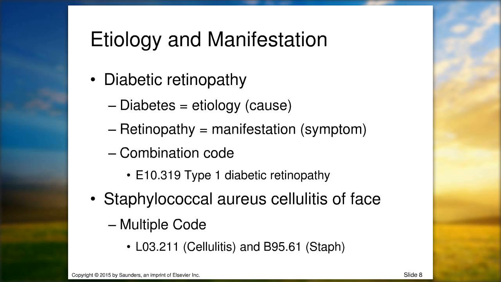Another example, Staphylococcal aureus cellulitis of the face. This would be multiple coding. Code first the cellulitis, and then the Staphylococcal aureus. So the cellulitis is L03.211.